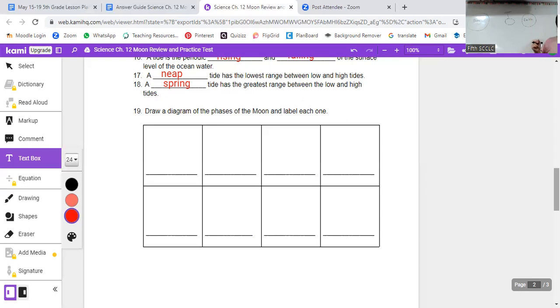Now, to show the rotation of the earth, you're going to put a dash line to show that it's moving this direction, and you're going to have some arrow. Okay, there's your earth.